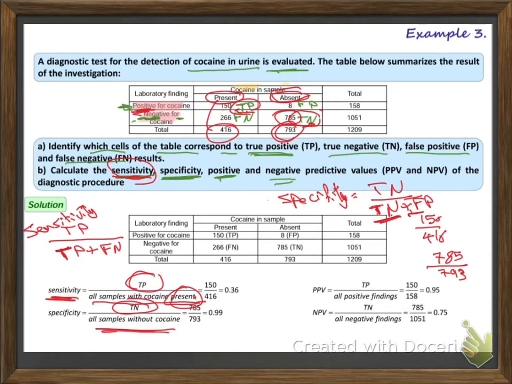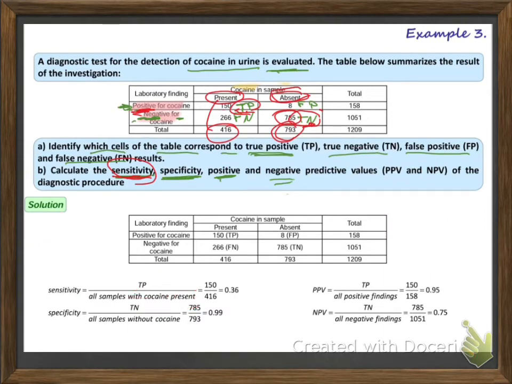Okay, so coming to the PPV, the positive predictive value. The positive predictive value and the negative predictive value are similar to sensitivity, in order to memorize them. So the positive predictive value, PPV, equals true positive divided by the total of the positive. Everything is related to positive, nothing else.